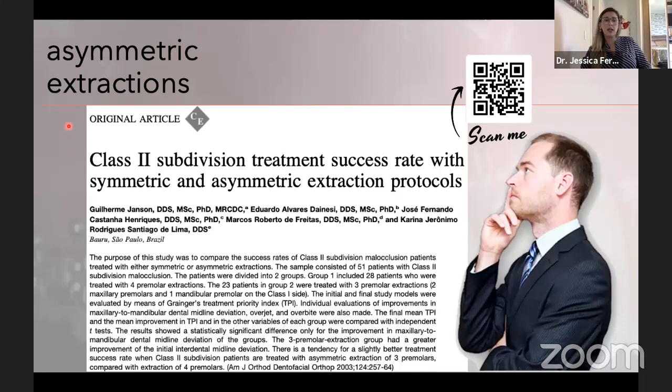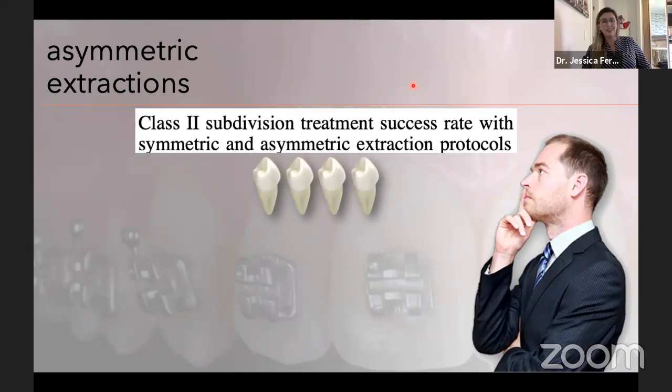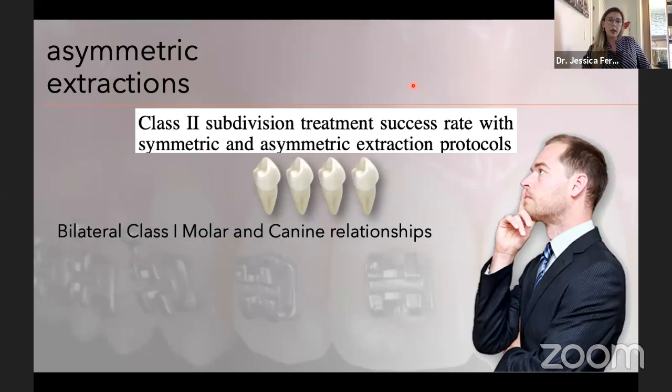We can also access this article just by scanning the QR code. And what did he find? He found that when you are treating the class 2 subdivision malocclusion with extraction of four premolars, the patient will end with bilateral class 1 molar and canine relationships.